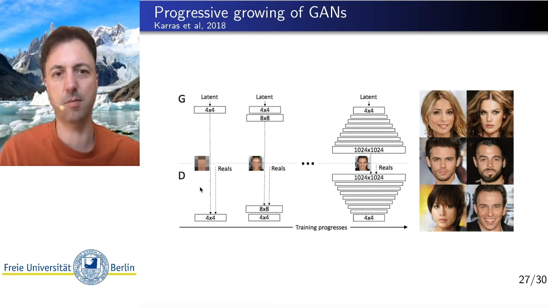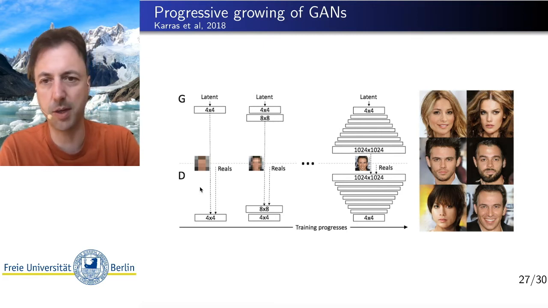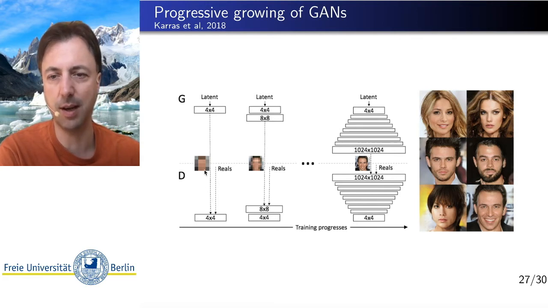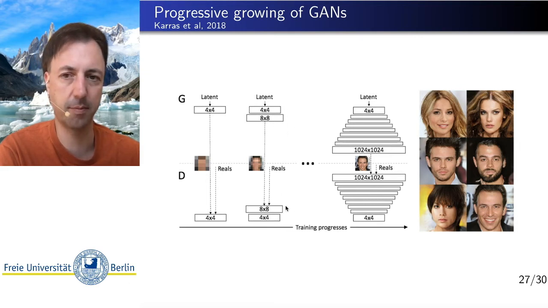But now we have a small, low-dimensional problem, and we can easily train a 4x4 GAN to generate samples from these 4x4 images. Now we fix those parameters pertaining to the generator and discriminator of the 4x4 image, and now we condition on that generator and discriminator for 8x8 images.